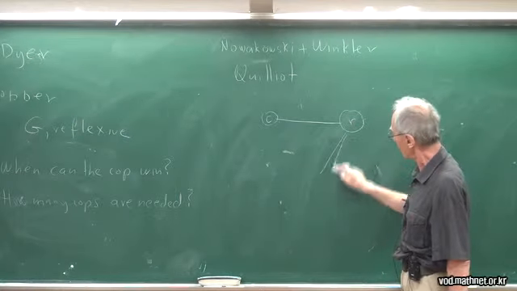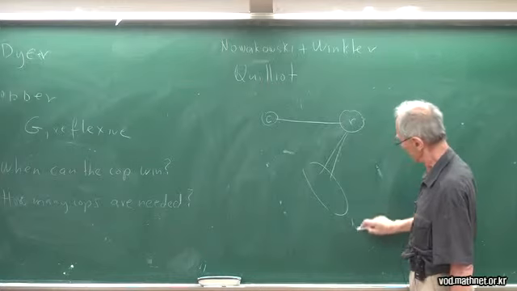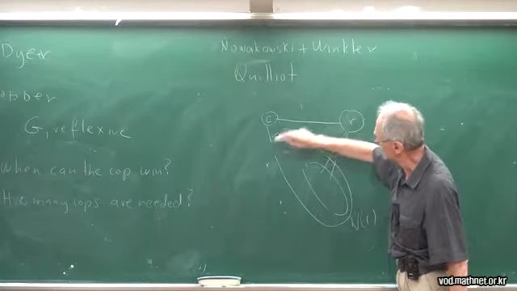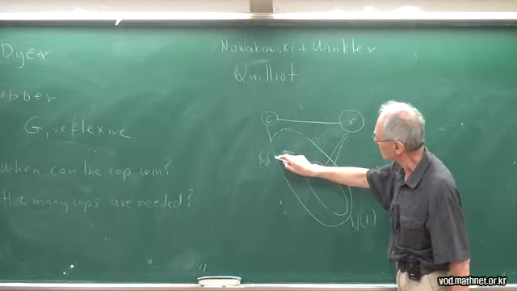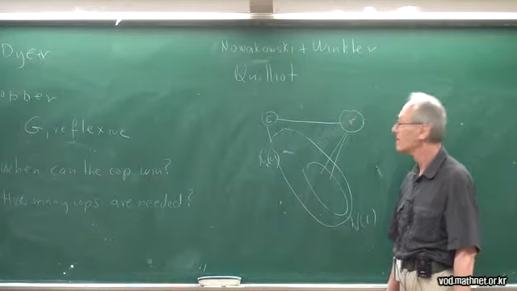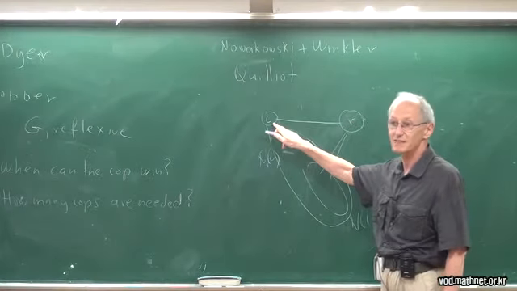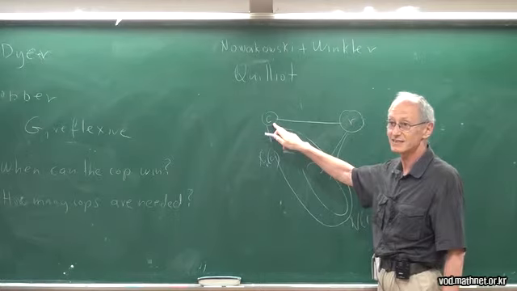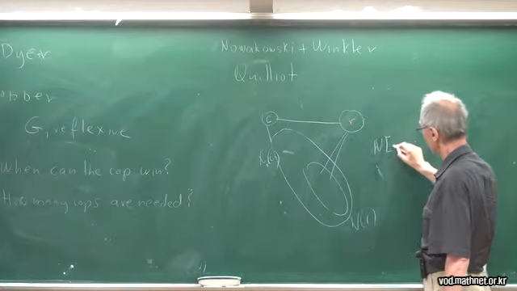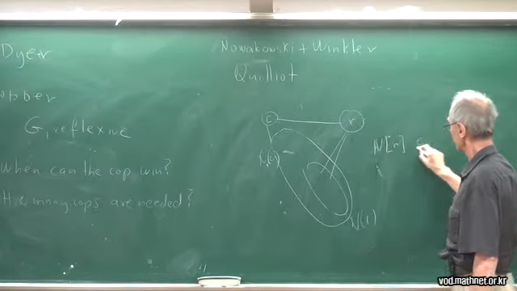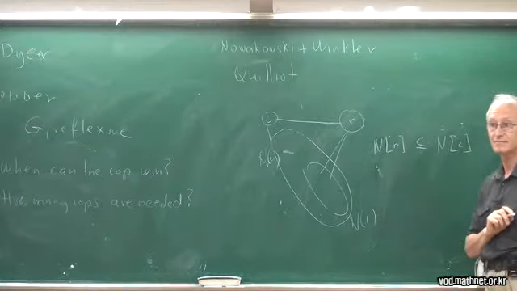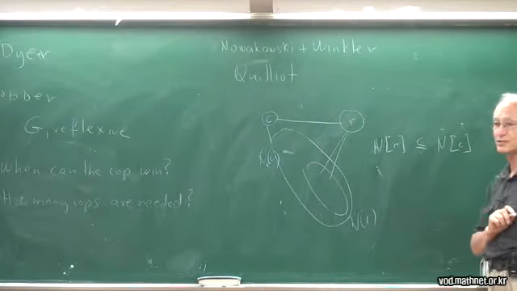And wherever he can go, well, the cop can go there as well. Right? And of course, if Robber decides to go there, then the cop stays there. So what it tells you is that the closed neighborhood of Robber's vertex is contained in the closed neighborhood of the cop's vertex. So that's observation number one.